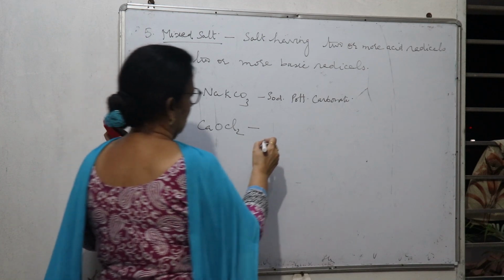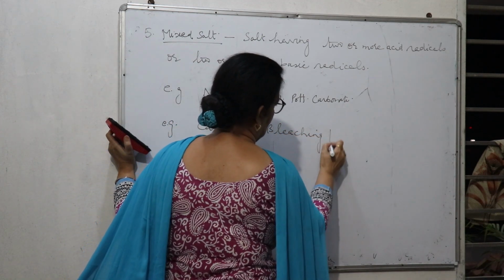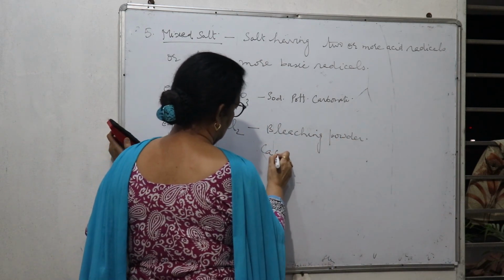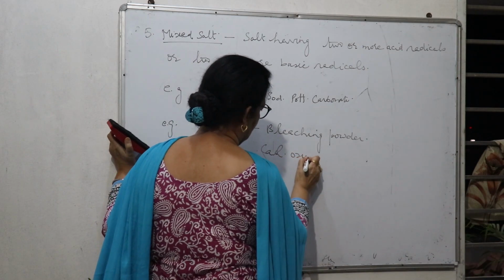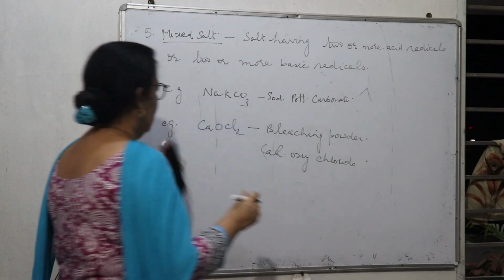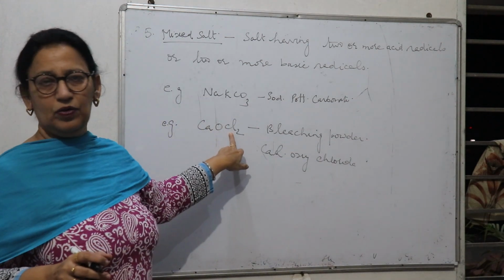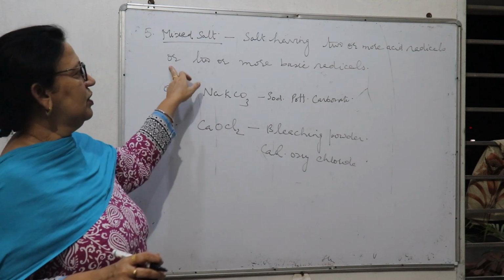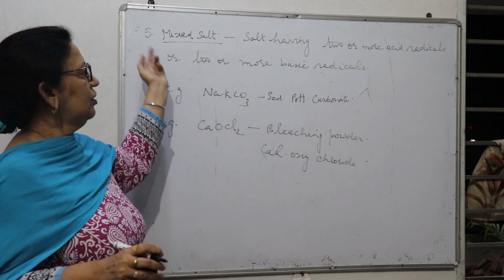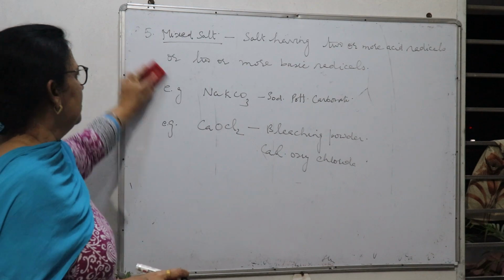This is bleaching powder, or calcium oxychloride, which is the chemical name. It has 2 acid radicals, one is oxide, the other is chloride. A salt having 2 acid radicals or 2 basic radicals is called a mixed salt. So these can be the examples.